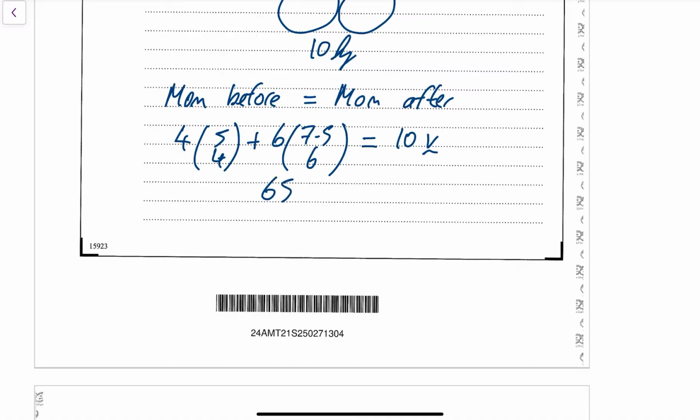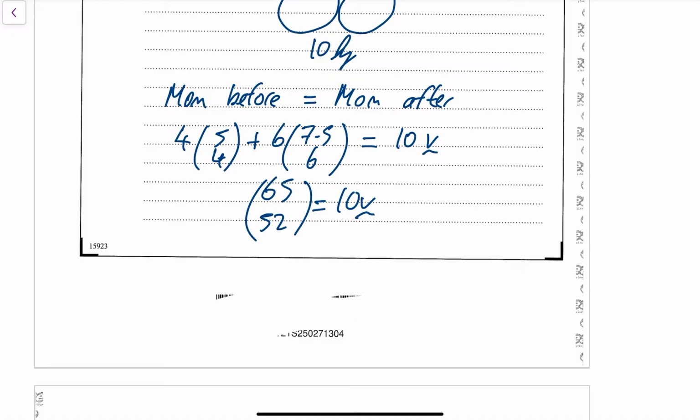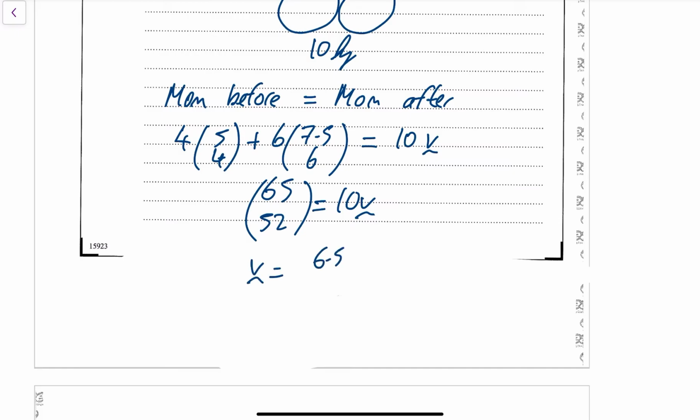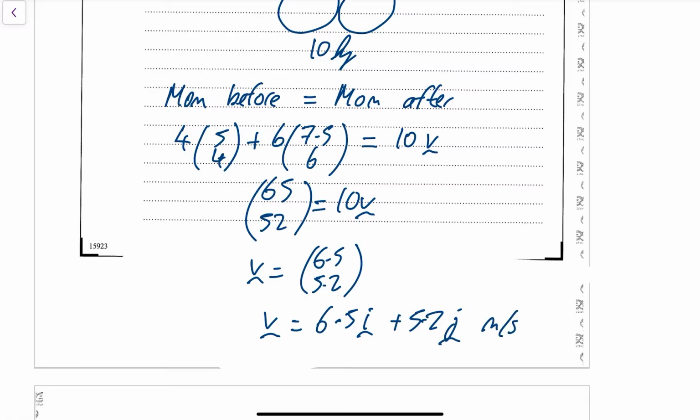Then 4 times 4 plus 6 times 6 works out to be 52 on the bottom. That equals 10V. My V then is equal to 6.5i plus 5.2j, and that's meters per second.